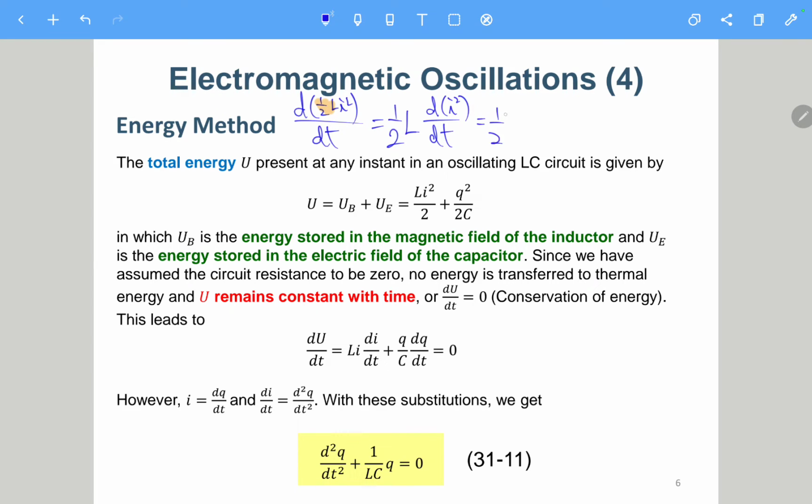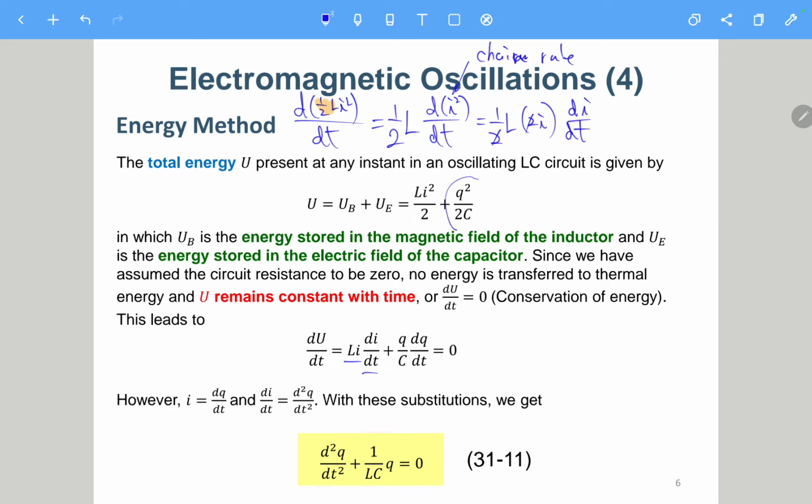But it doesn't end yet because i is a function of time, so we need the chain rule. We also need to take di dt. Finally, 2 and 2 can be cancelled, so we have L i times di dt.